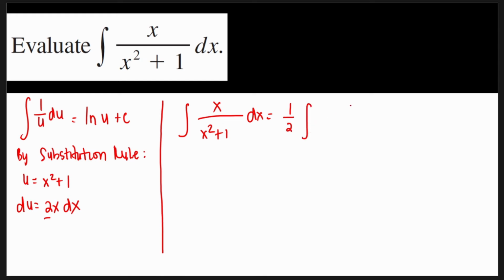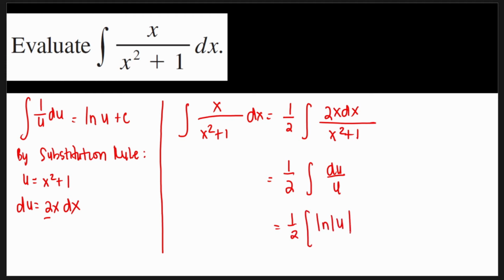So we have x dx all over x squared plus 1, times 2 over 2, and that is equivalent to du over u, which is equal to 1/2 of ln absolute value of u plus c. Okay, so that is our answer.